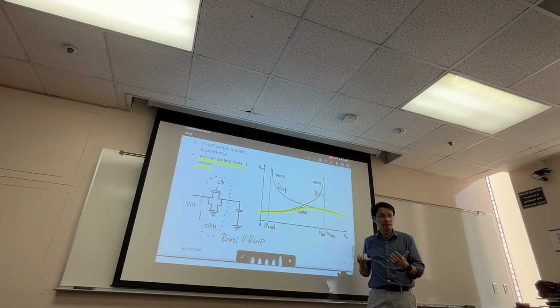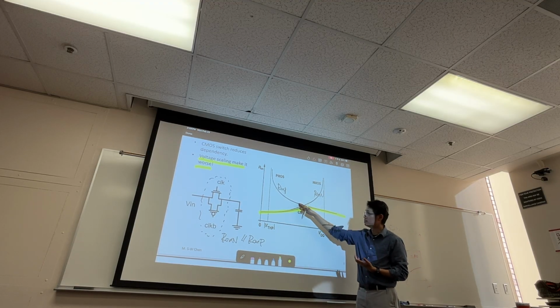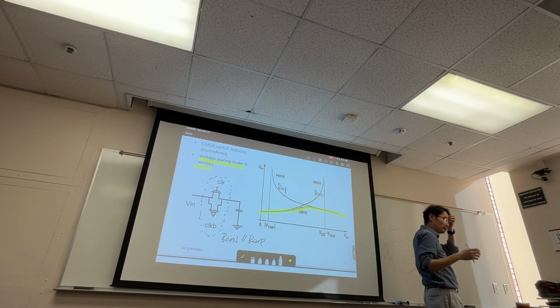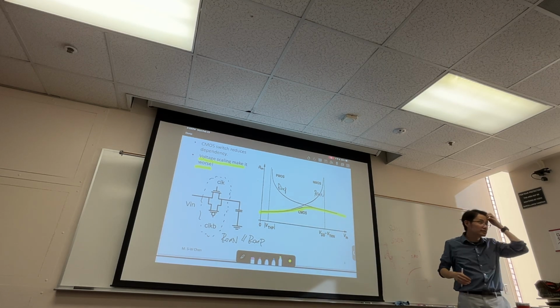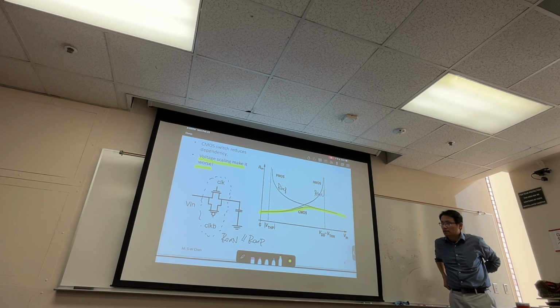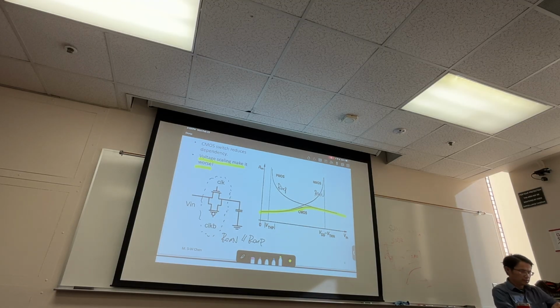If you scaled them together, you would probably be okay. The problem is that your VTH cannot keep scaling down. You only scale down your VDD, so you make the mountain in the middle just like a volcano, and it can erupt, it can burst in the middle. So just be careful. This has become more and more of an issue in low power supply, especially in the advanced nodes.